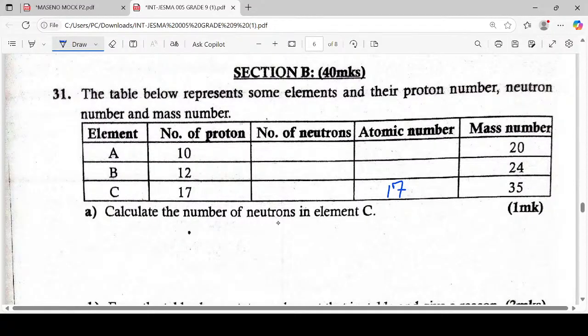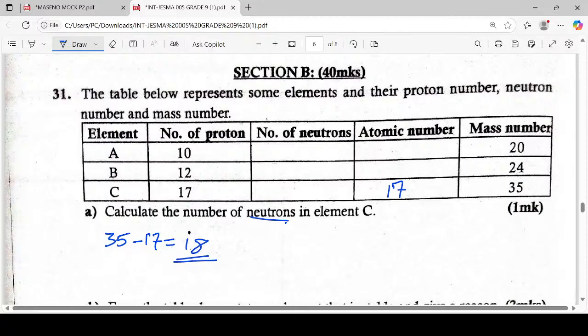Then to get the number of neutrons, you take the mass number 35 minus the atomic number 17. This gives you 18.